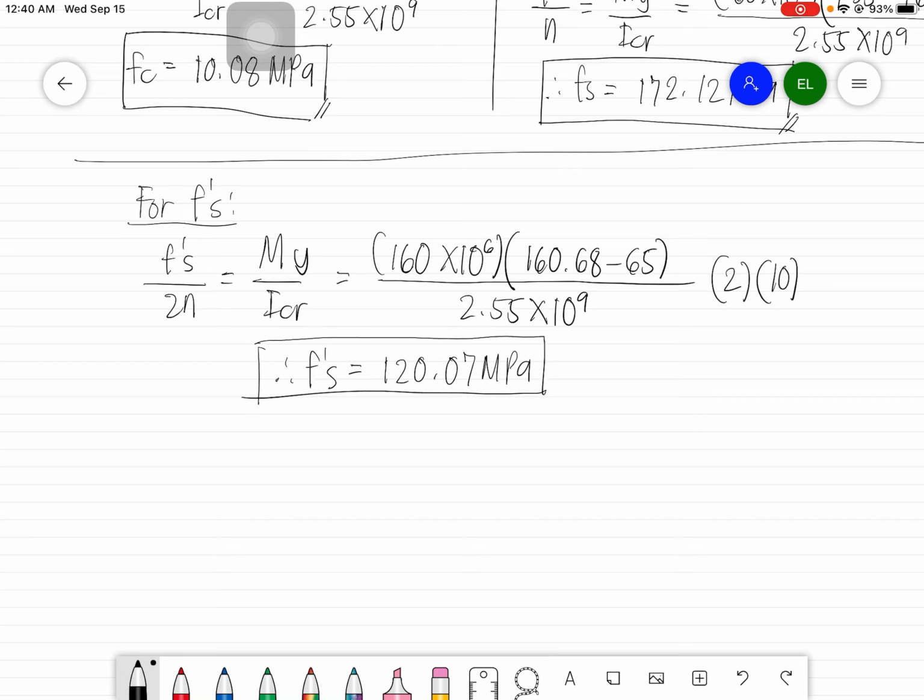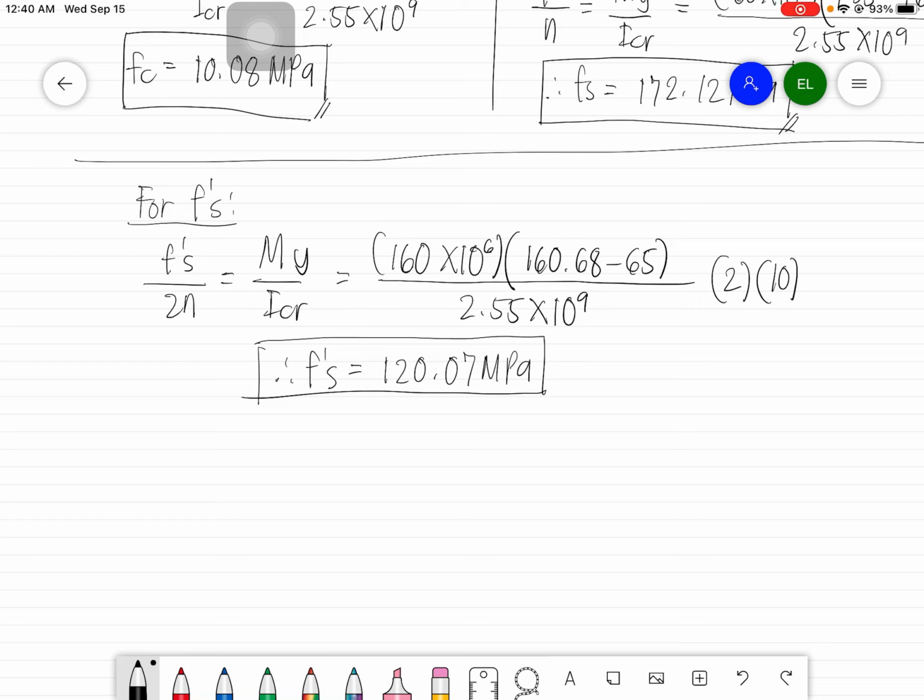So that is for the bending stresses for the concrete and steel bars involved in the doubly reinforced beam using the transformed area method. I hope everything is clear, and we are done with chapter 2.